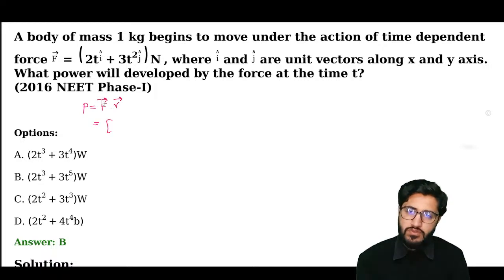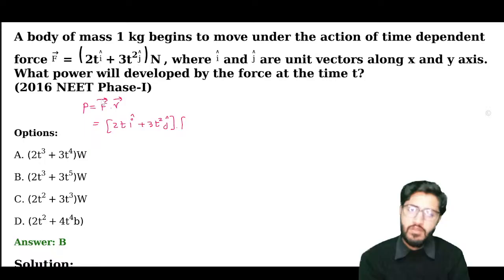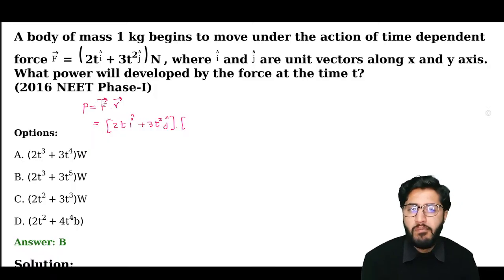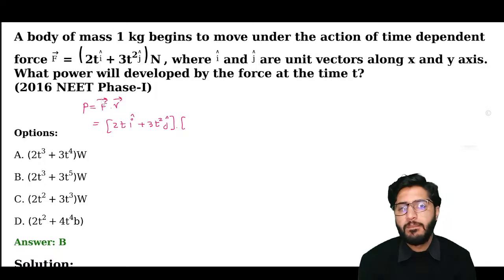Force is equal to 2t i cap plus 3t square j cap. And what is velocity given to me? Mass is given to me. Mass is 1 kilogram.